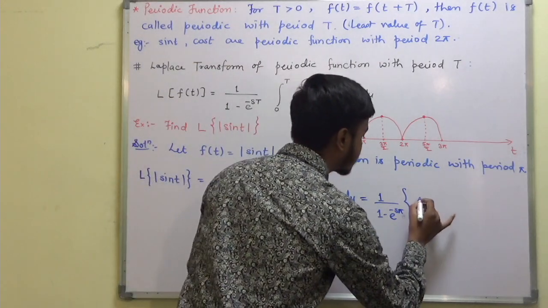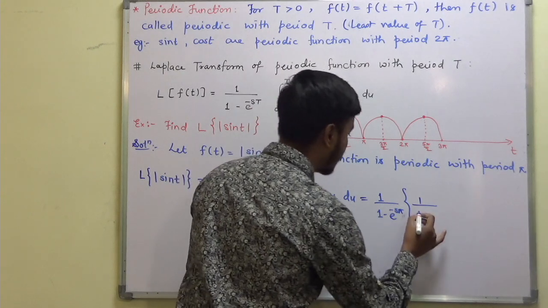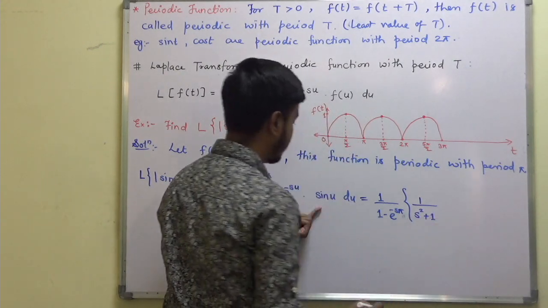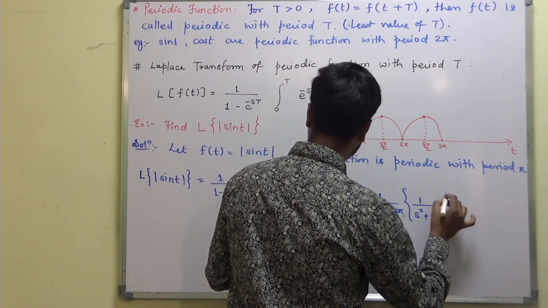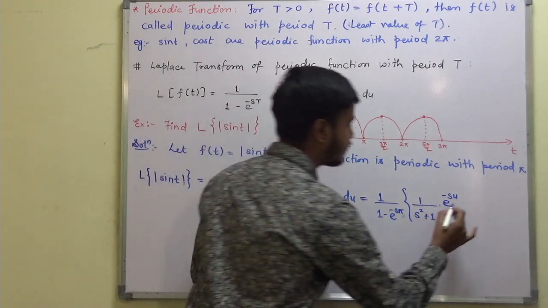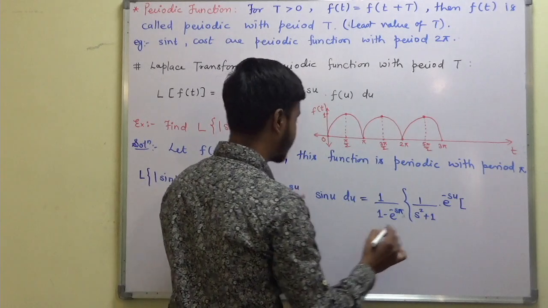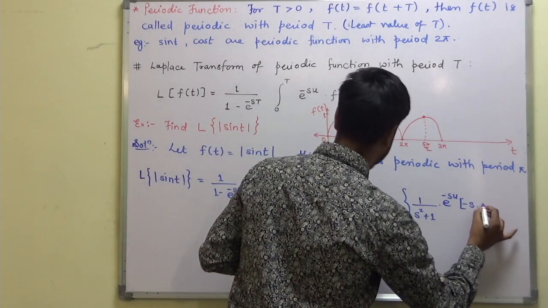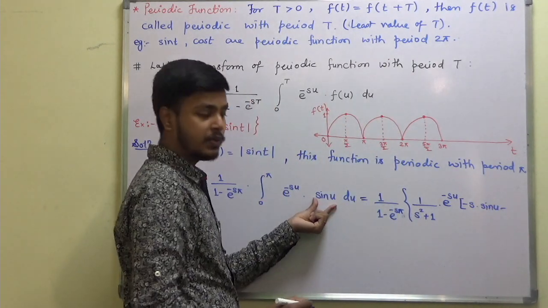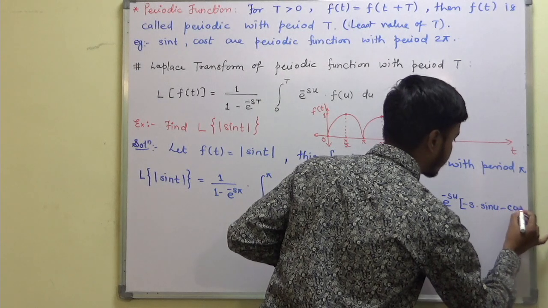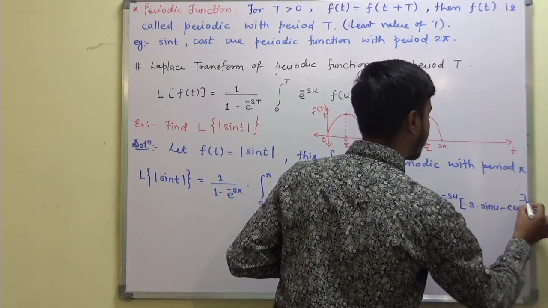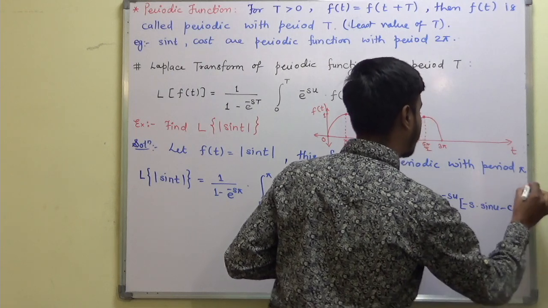I am using the standard formula of integration: 1 upon s square plus 1 into e to the power minus su, in brackets, minus s into sine u minus, what is the derivative of sine u? Cos u, and then bracket close, from 0 to pi.